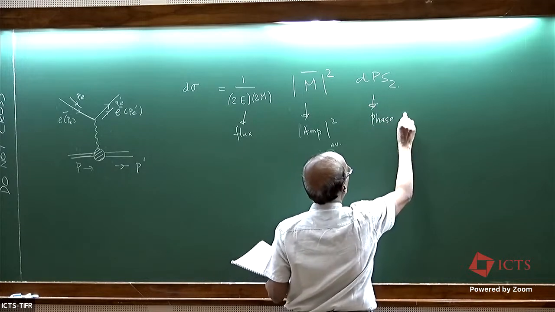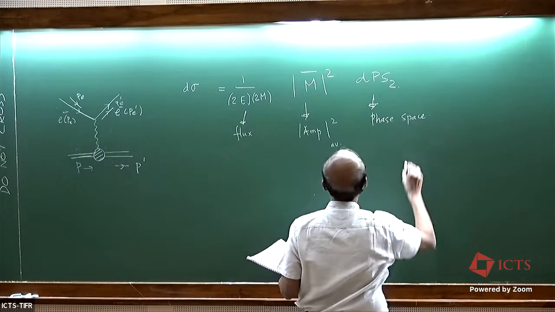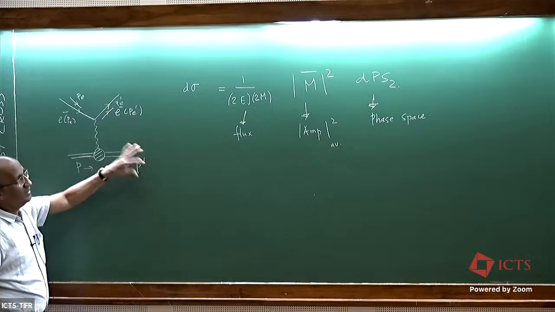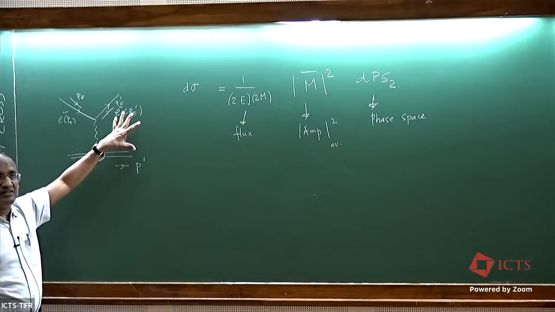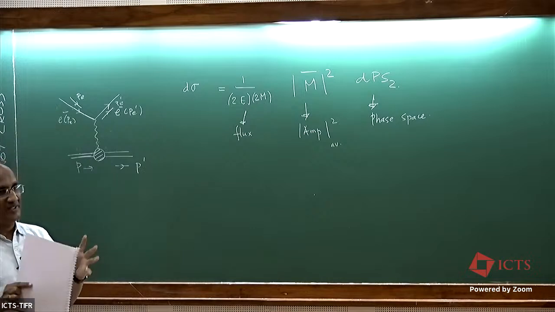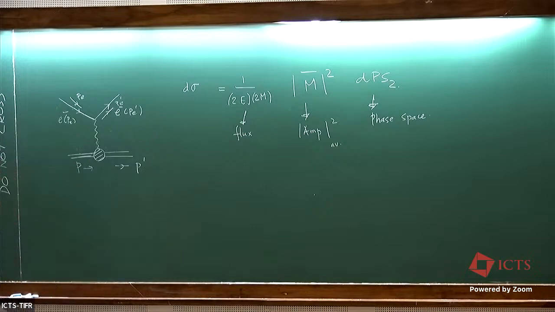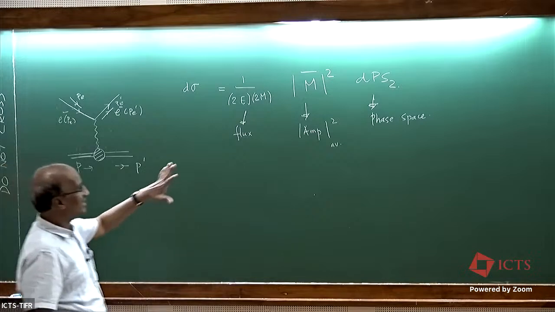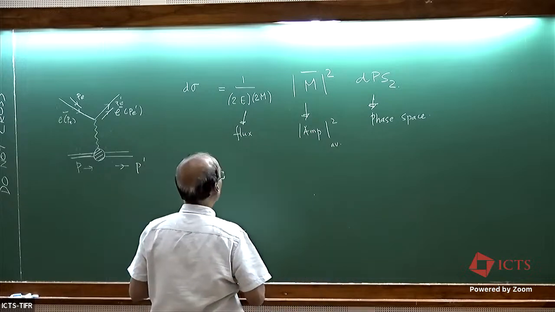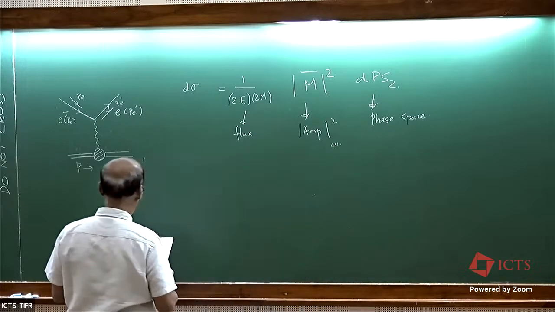Phase space takes care of all the kinematic configurations that we can have in the final state, and what we are going to look at. Whether we are going to sum them up, or keep some of them fixed and sum over the rest, is contained in this part. And m is the mass of the proton here.